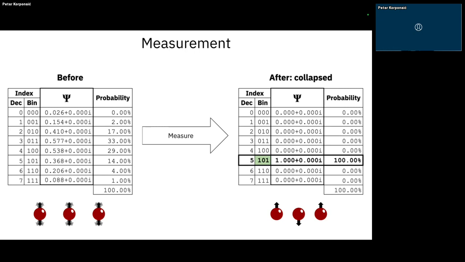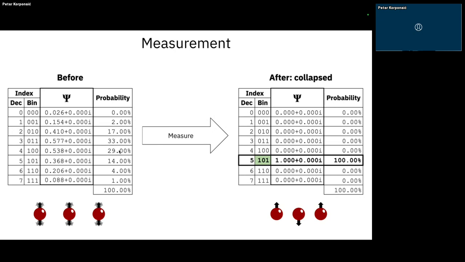The same with qubits. When we measure a quantum state, qubits lose that superposition and lose the entanglement. So when we read the state, all we can read from a quantum computer, from a quantum state, is this bit string. And in this case, the most probable outcome is 0, 1, 1. This is just some random vector, but it has a probability of 33%. Others are less probable.